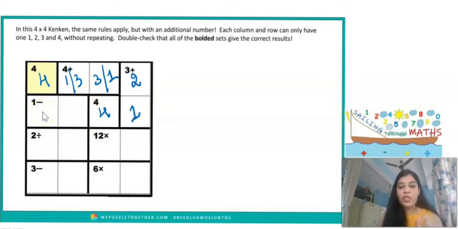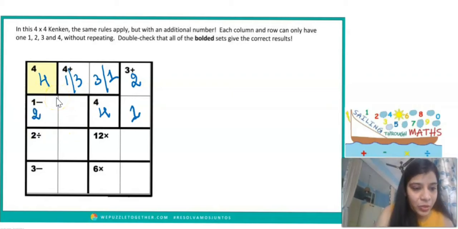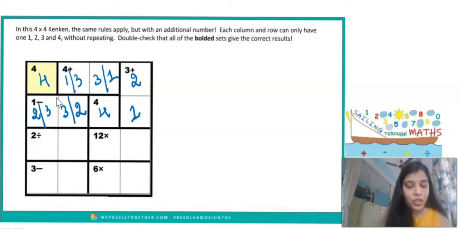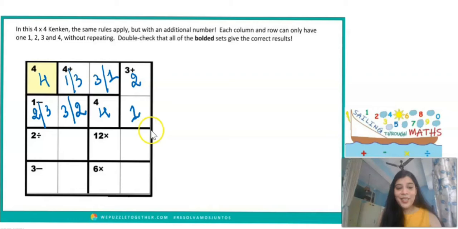But we don't know the position of 3 and 2 still. So if 2 is going to come here, then 3 is going to come here. Or if 3 is going to come here, then 2 is going to come here. So let me write this: 2/3 and 3/2.